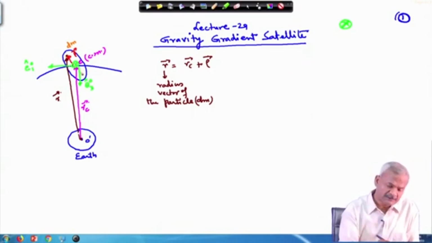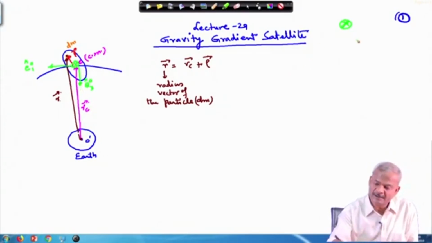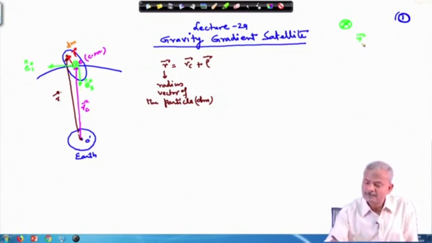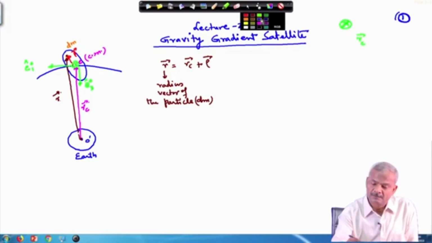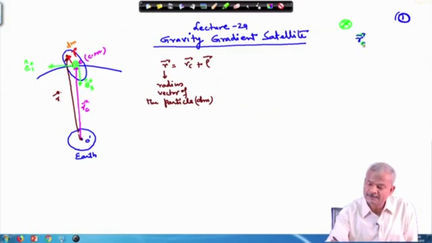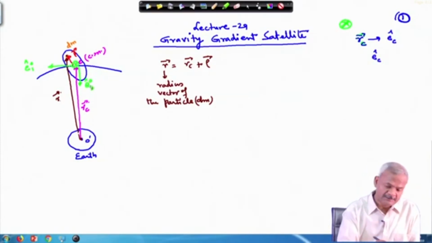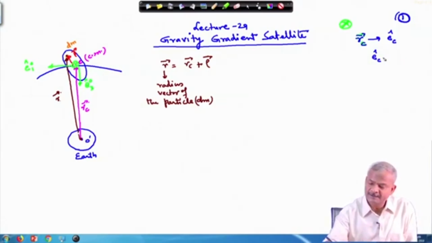As you can see, this is the radius vector R C, and its corresponding unit vector we can write as E cap C. E cap C and this vector E O 3 are related: we can write E cap C as E cap O 3.